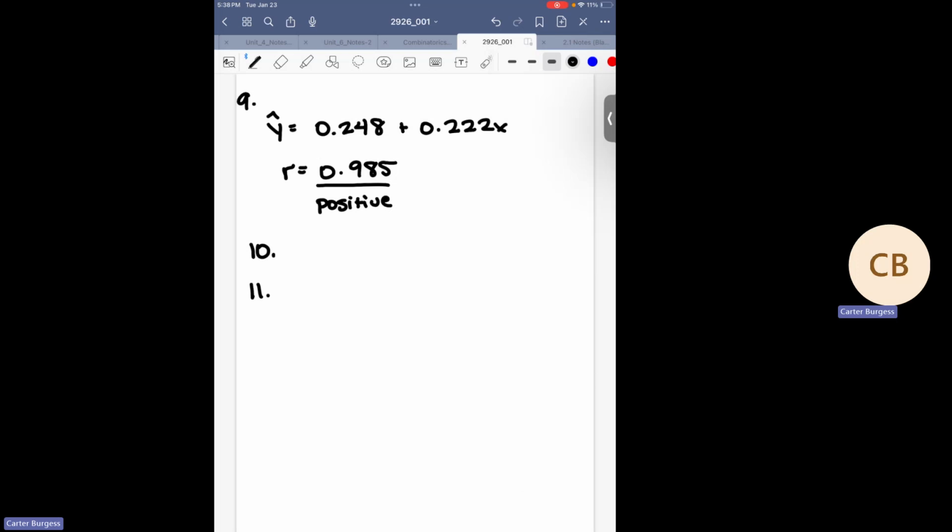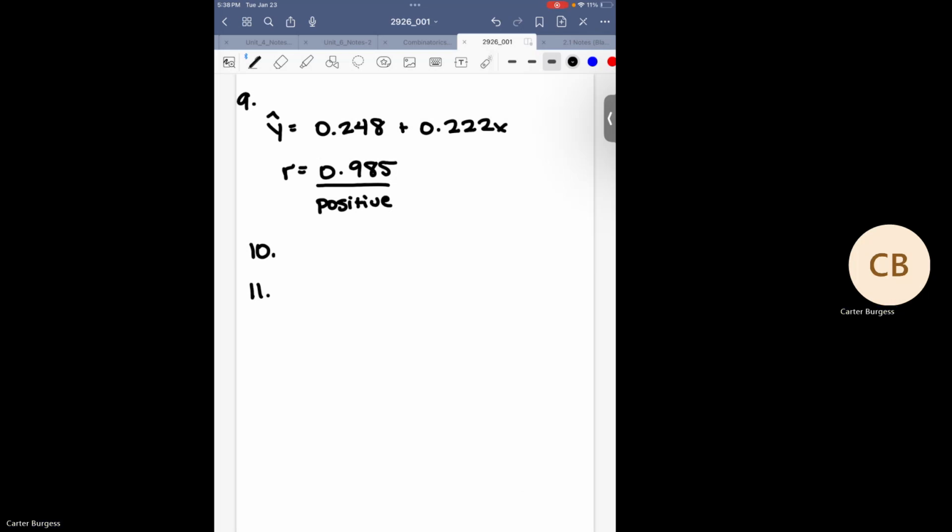For number 10, we are given a number of cavities and being asked to figure out how much sugar has been consumed, or would we expect to be consumed, to result in that many cavities. Now, notice that cavities, or number of cavities, is our y value.